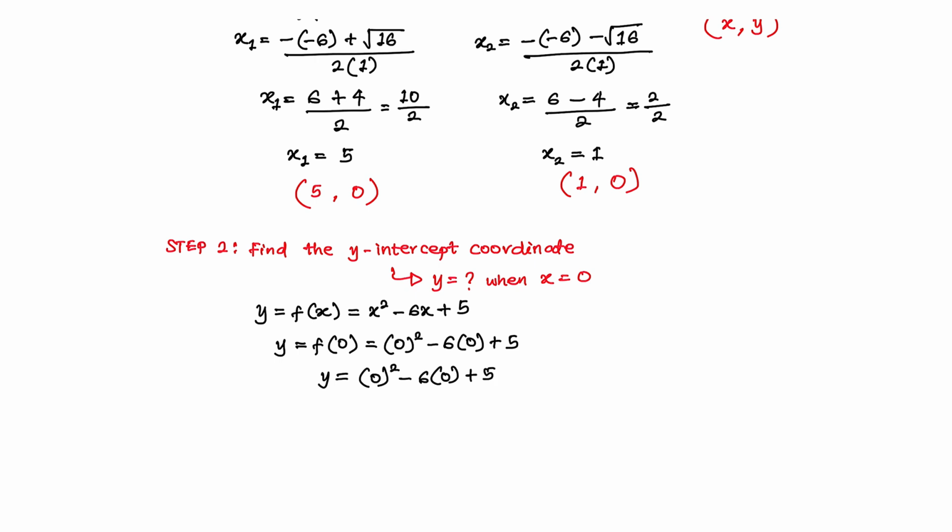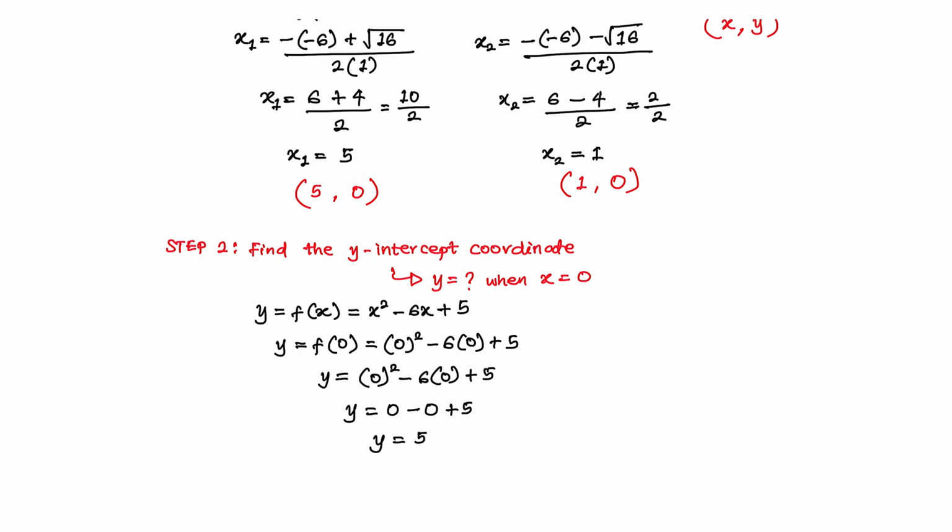So simplifying, we have y equals 0 squared is 0, minus 6 times 0 will give us 0. So negative 0 or positive 0, it doesn't matter. Then plus 5. So when we simplify, 0 minus 0 is 0, and 0 plus 5 is 5. So which means when x equals 0, the value of y is 5.